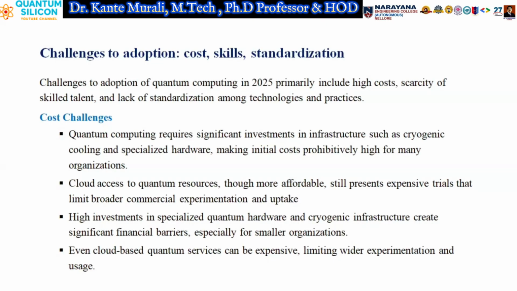Suppose quantum computers are available in the market. We need to think how many people are going to use them. Let's take an example: if only 10 or 20 people in India are able to buy them, that won't show any impact on society and development of the country.